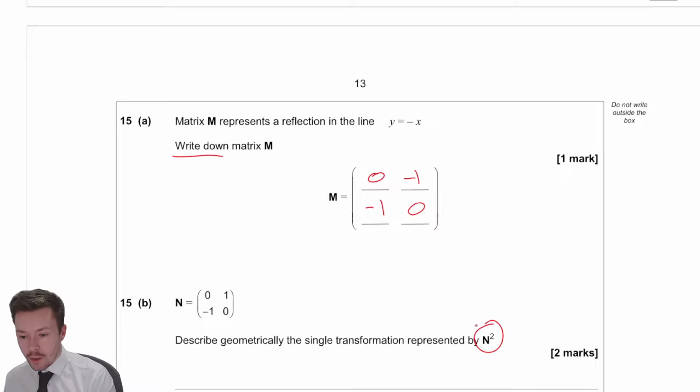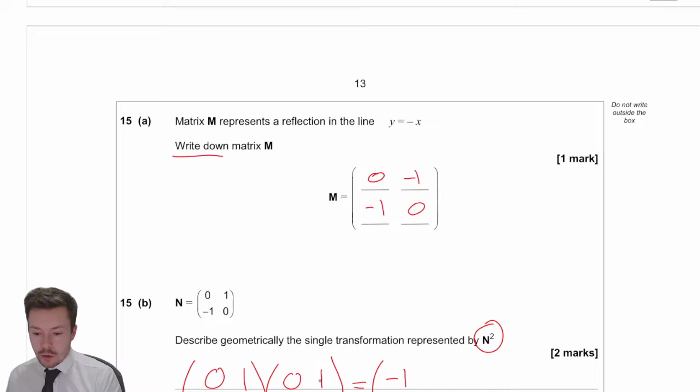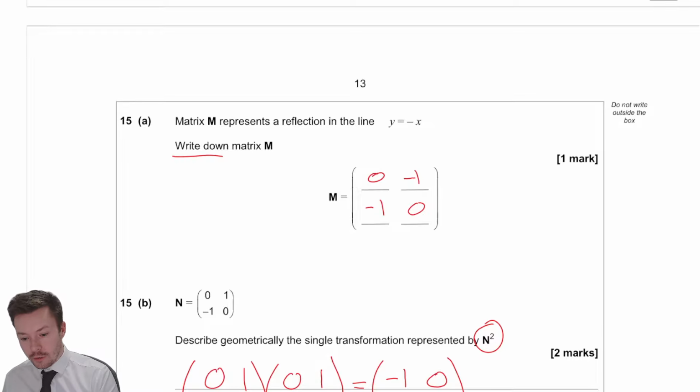We then do -1 times 0 is 0, 0 times -1 is 0. 0 times 1 is 0, 1 times 0 is 0, -1 times 1 is -1, 0 times 0 is 0, add them together, we get -1. Now we need to describe that, and that is a rotation of 180 degrees about the origin.